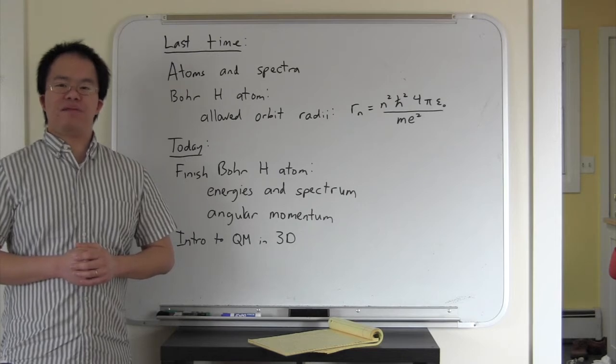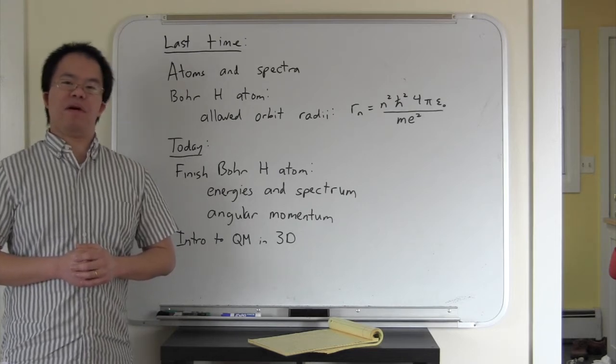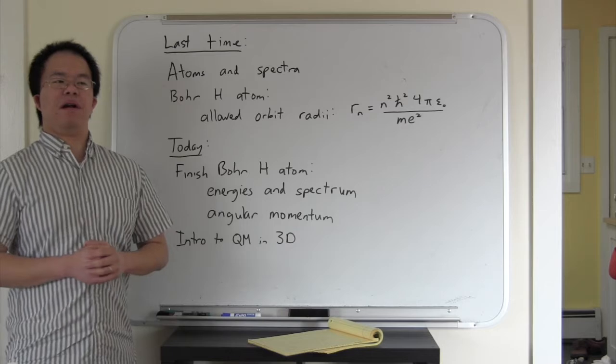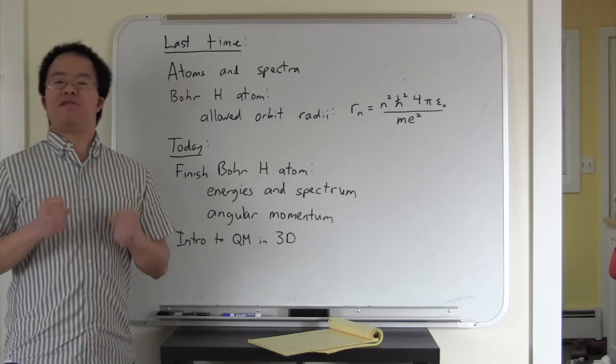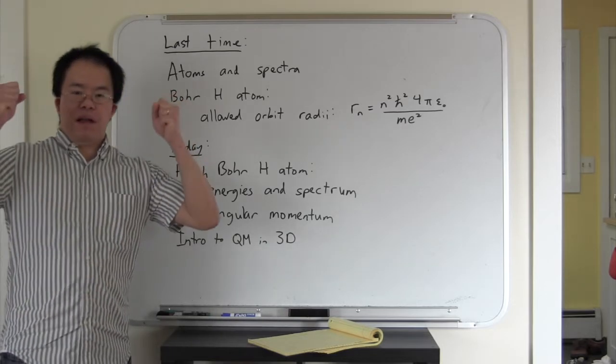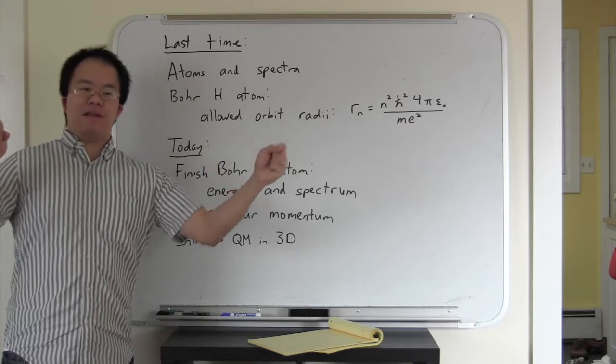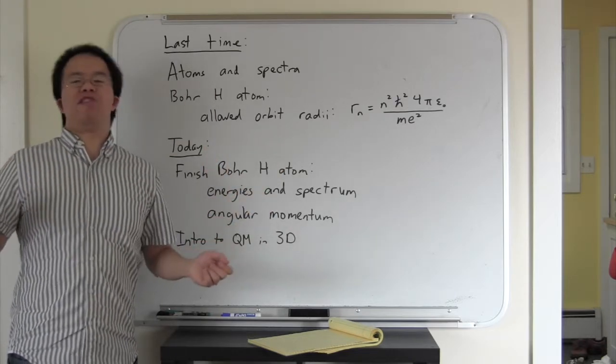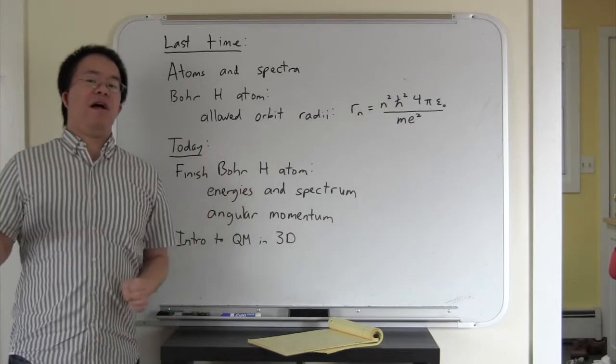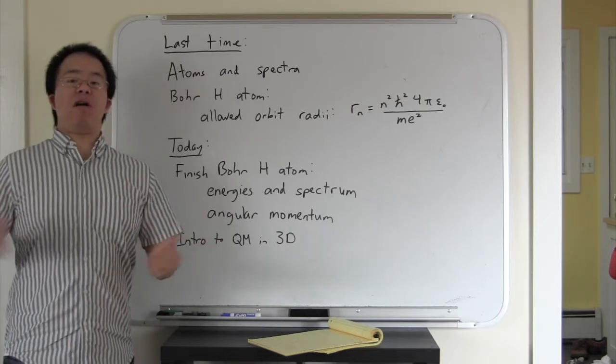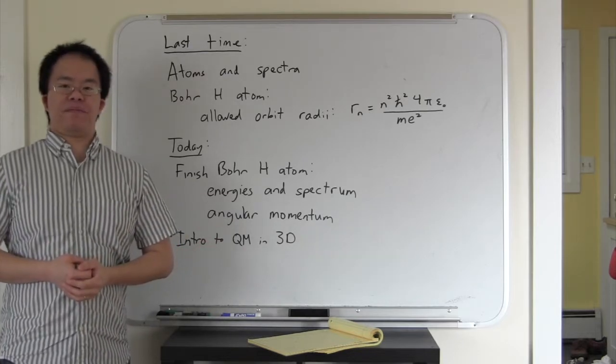So I'd like us to start off by thinking about a whiteboard exercise where you think about the potential energy for a proton and an electron, aka what we have in a hydrogen atom, as a function of the radial separation r between the charges.